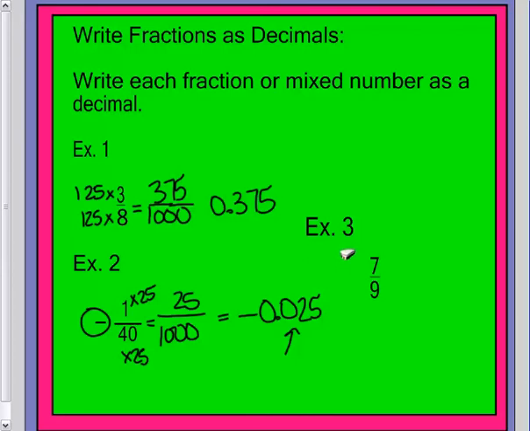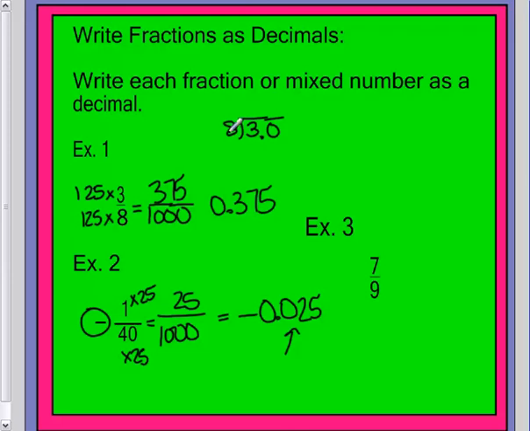7/9 is a little more tricky, okay? 7/9 doesn't have anything easy that I can multiply it by. So if ever you feel like you can't think of a 10 or 100 or 1,000, you can always use division. For example, the 3/8, I could have divided 3 by 8, or excuse me, 8 by 3.